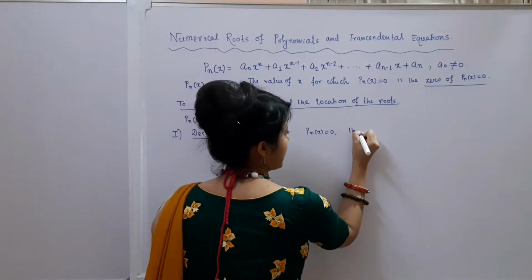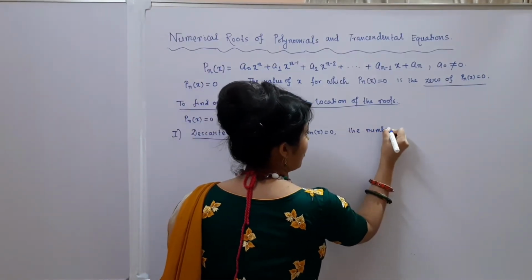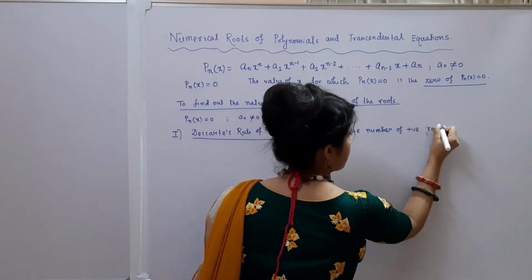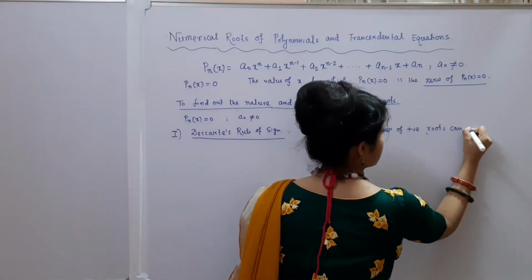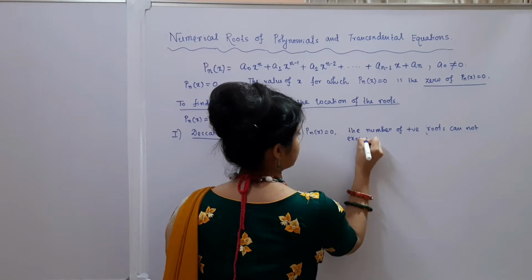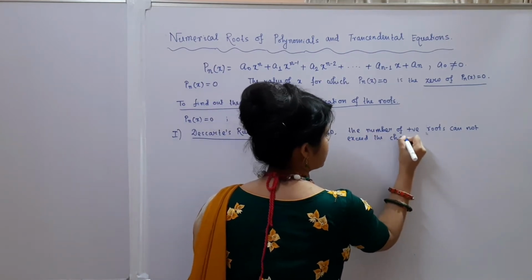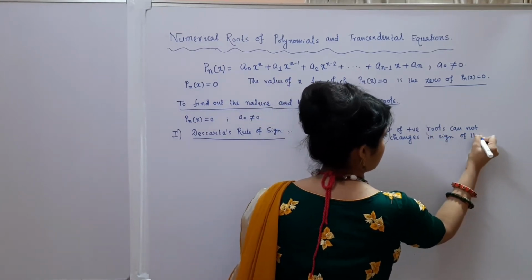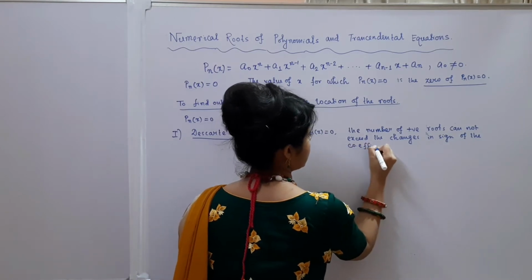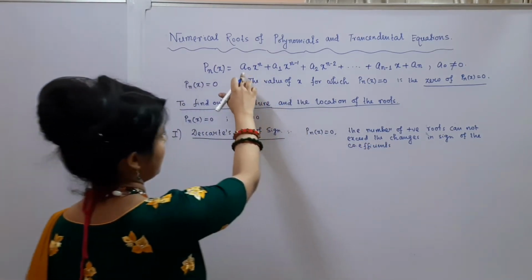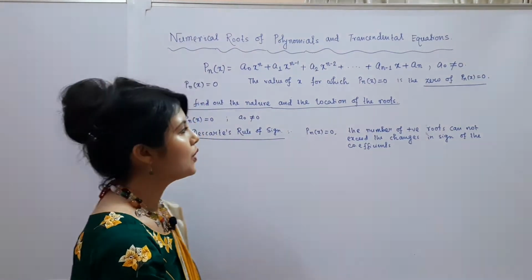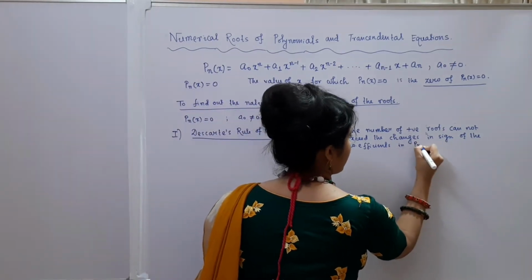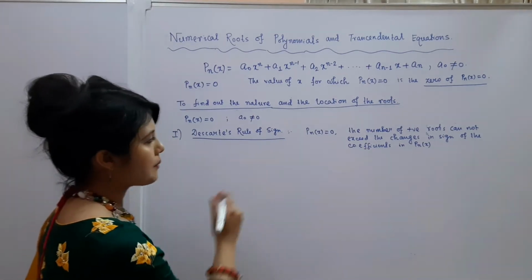The rule says that the number of positive roots cannot exceed the changes in sign of the coefficients, that is a0, a1, a2 up to an, in Pn(x), okay. And what about the negative roots?